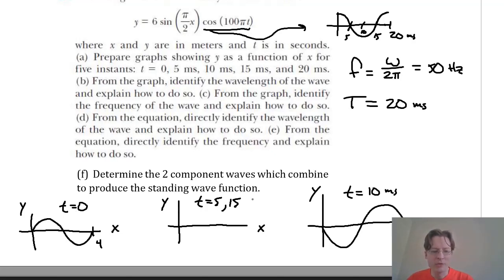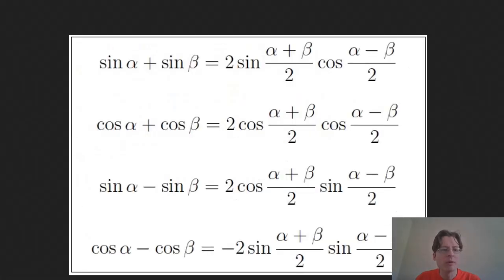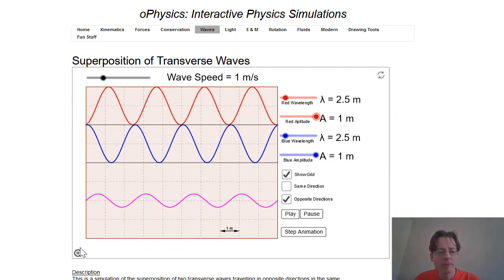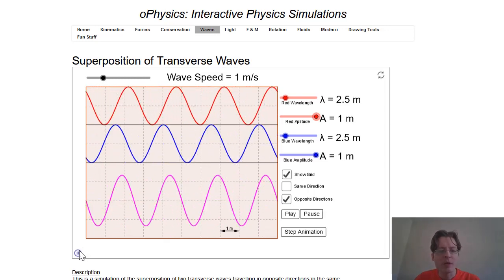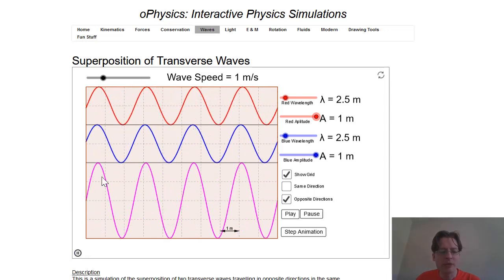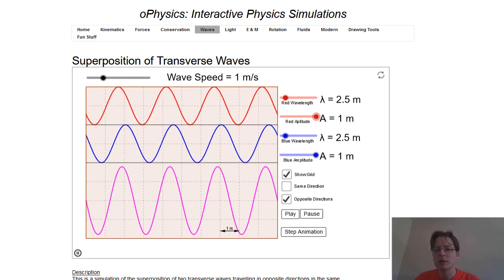By the way, it's the same graph at 20 milliseconds as it is at t equals 0. So this is typical of a standing wave. The peaks just stand in place and go up and down. We saw that before. It doesn't travel anywhere.